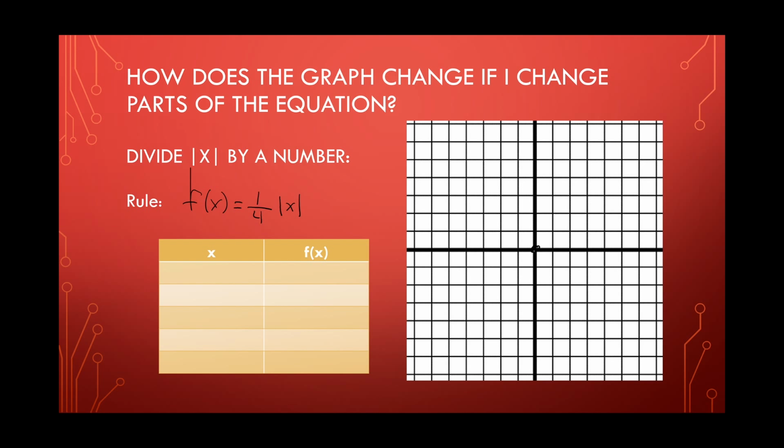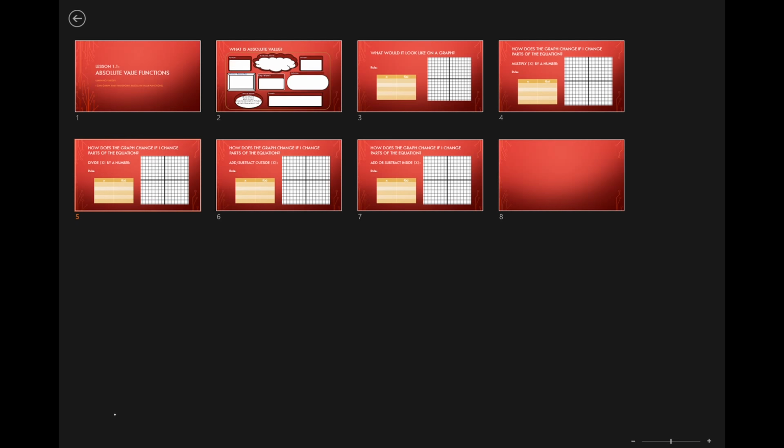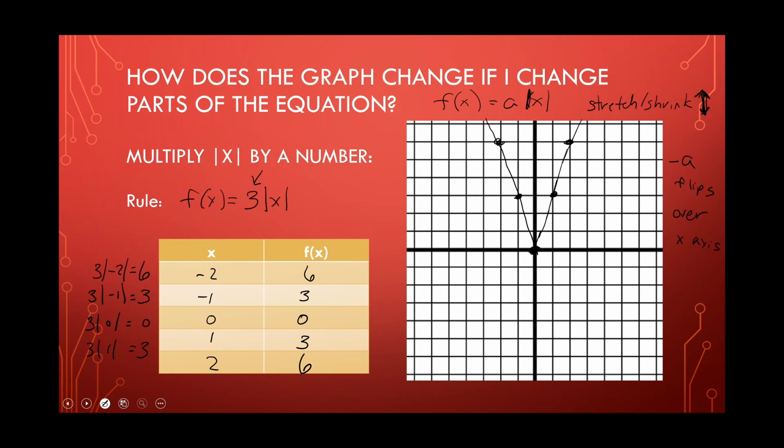So what do you think is going to happen to my original graph? My original graph was this. It's going to widen it. It's going to compress it vertically, right?